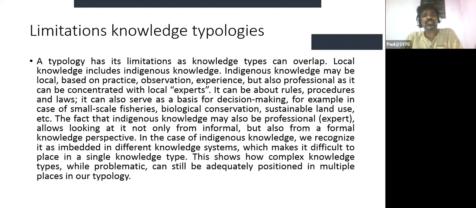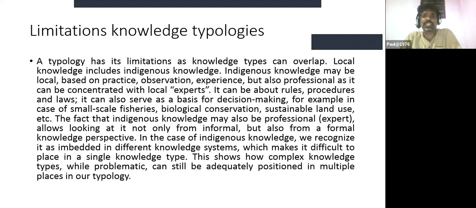There are also limitations of these typologies, knowledge taxonomies or limitations of knowledge typologies. For example, we need to understand how indigenous knowledge or local knowledge is understood by society and the common people, and how both indigenous people and expert professionals engage in knowledge making in indigenous knowledge.